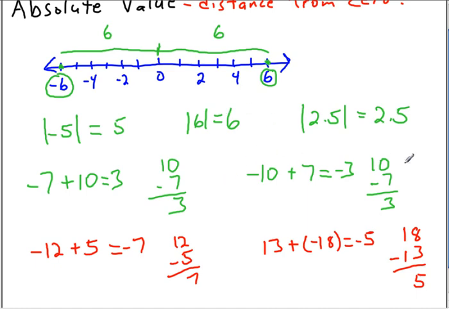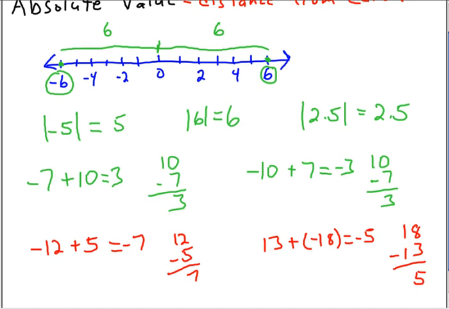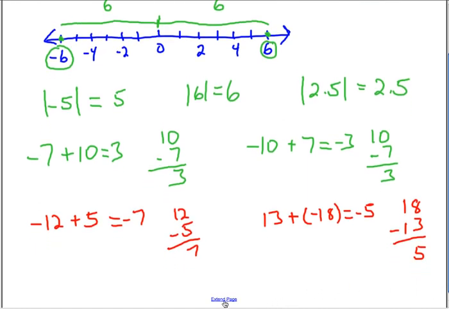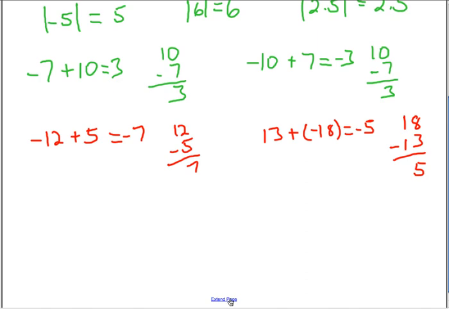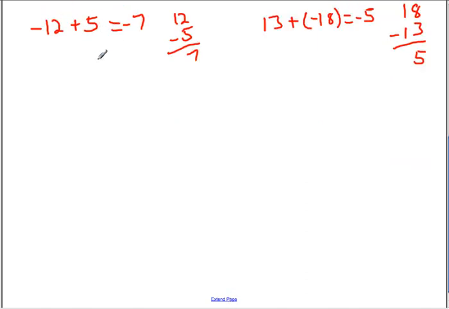Now if we want to add numbers with the same signs, that's a little bit simpler. 2 plus 7, everyone knows that, we get 9. Or 3 plus 2, we get 5.